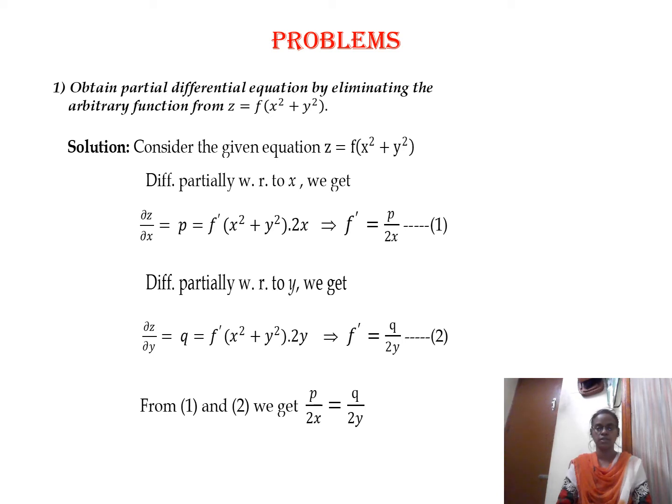So here there is no function. Also, we have inserted the partial derivatives, because our ultimate goal is to create a partial differential equation. So obviously partial derivatives also got inserted. So this is the required PDE. When you simplify, you get py equal to qx.